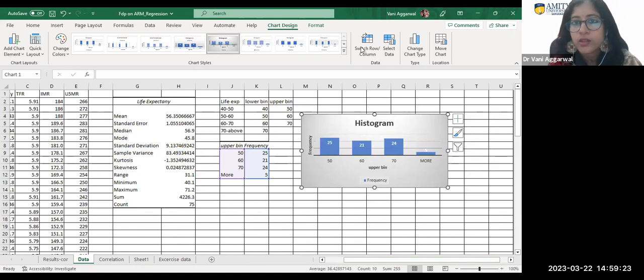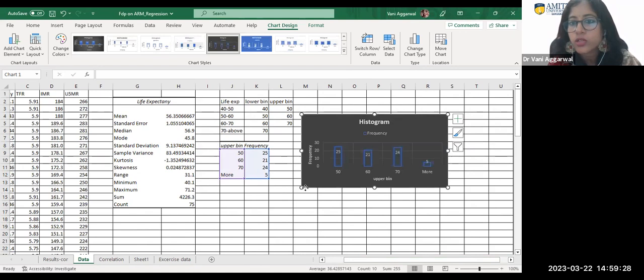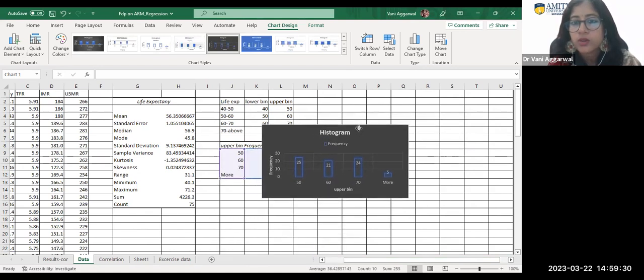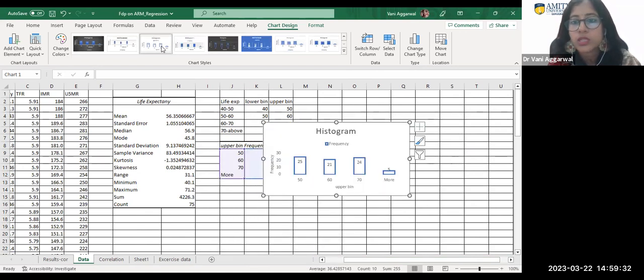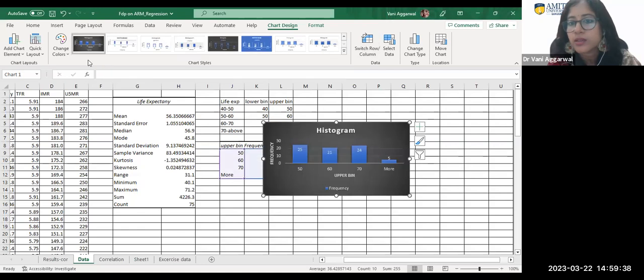Then you can use any type you want for your histogram. You can select from chart design, whatever is your requirement.